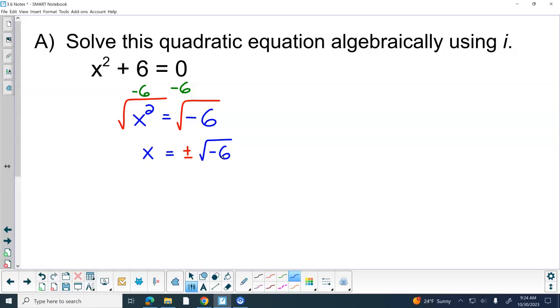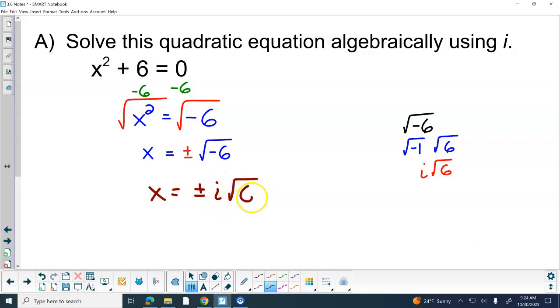Which, then I can go over here off to the side, and I can say, oh, the square root of -6, that's going to be the square root of -1 times the square root of 6, which is going to be i square root of 6. So my final answer back over here then would be x equals plus or minus i square root of 6.